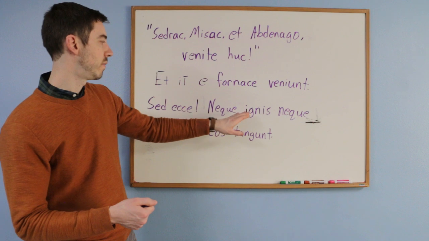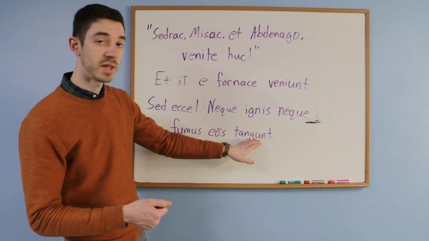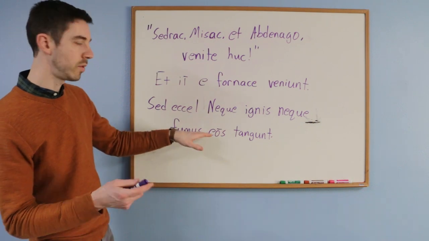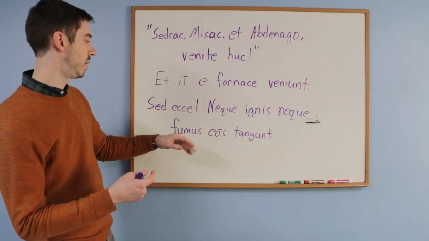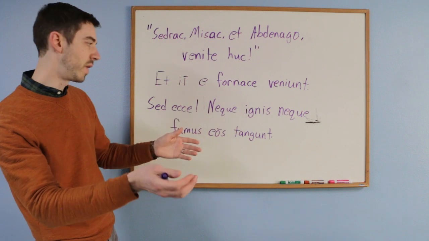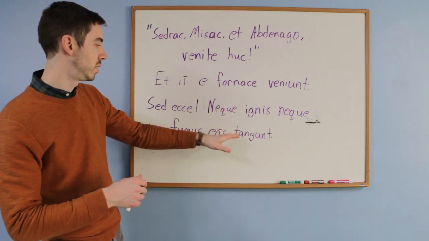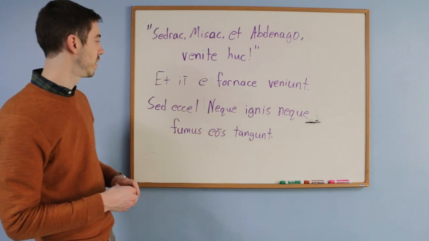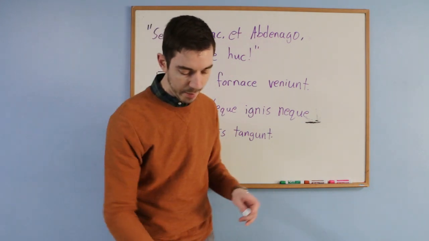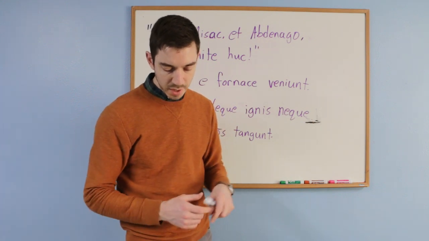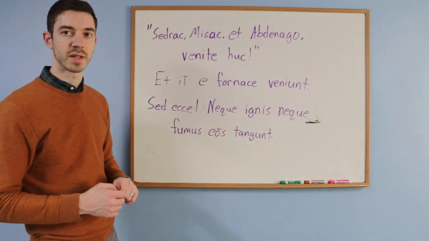So neither the fire nor the smoke touches them. So this is from is, ea, id, and it's a pronoun meaning them. So neither the fire nor the smoke touches them. Okay, so they came out of the furnace. There's no smoke or fire on them. And so let's see what Nebuchadnezzar does next.